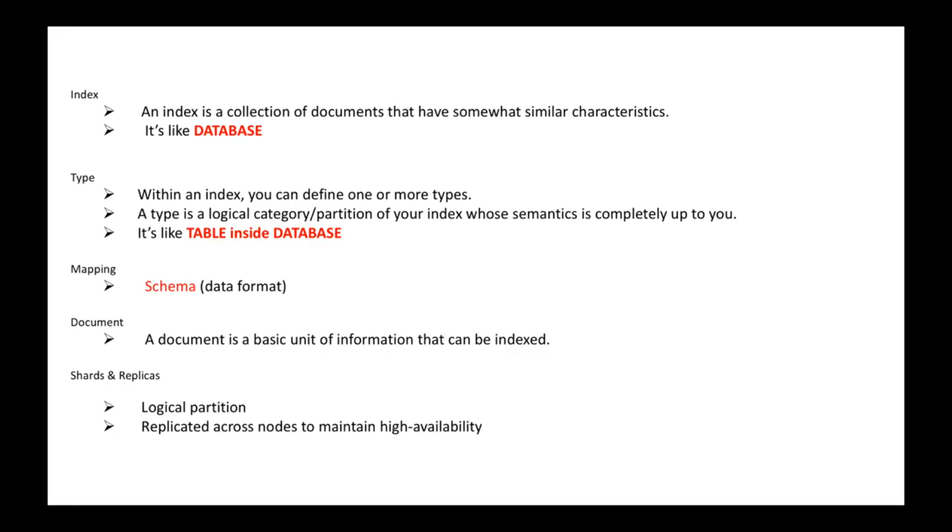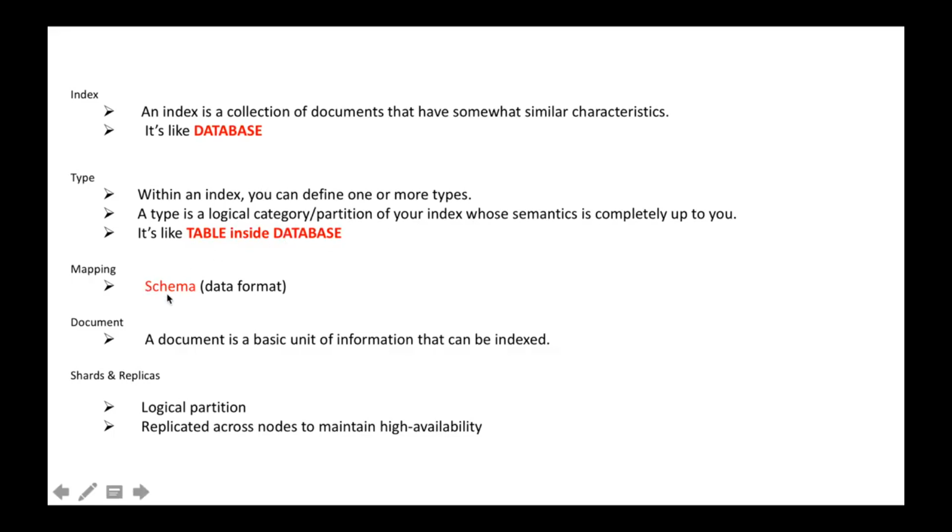For example, every day I want to store data with the timestamp, let's say today's date and tomorrow's date. So you can have a type created date-wise or month-wise or year-wise, so that it's easy for you to search. Instead of searching one year's worth of data, you can go to the specific date and search. So it's like a table.